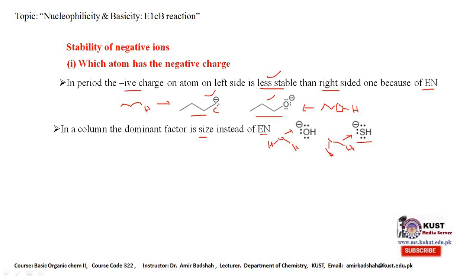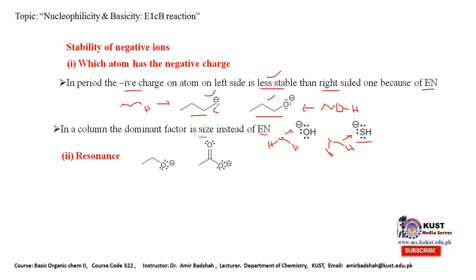Although oxygen is more electronegative and can attract electrons, the negative charge is more stabilized here because the sulfur size is larger, so the electron will be distributed over the whole size of the sulfur and the electron density will be reduced.